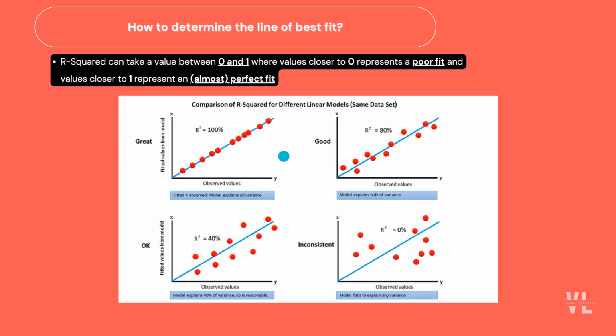So what we can learn from this is that the R squared value can help us to select the line of best fit, and a higher value of R squared means that our model is performing really well, and a lower value of R squared means that our model is actually underfitting the data.